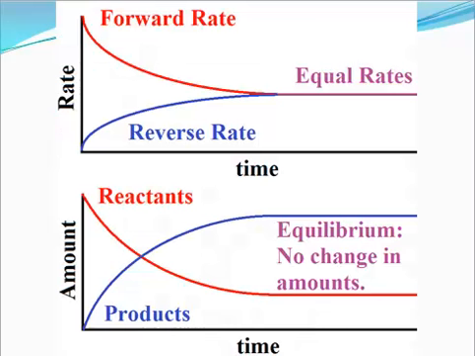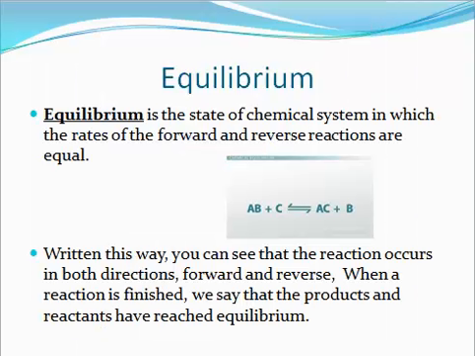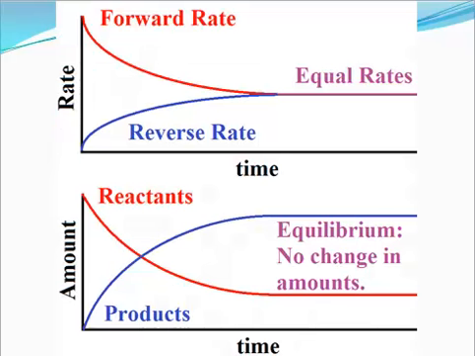When we look at two graphs, this gives us the visual. We got the words of what equilibrium is, and now we're going to be able to see it in graph form and visualize what that looks like. So the top graph is rate versus time. The bottom graph is the amount of reactants and products versus time for an equilibrium.